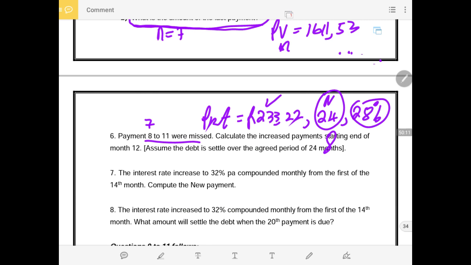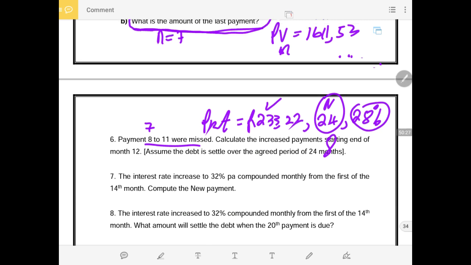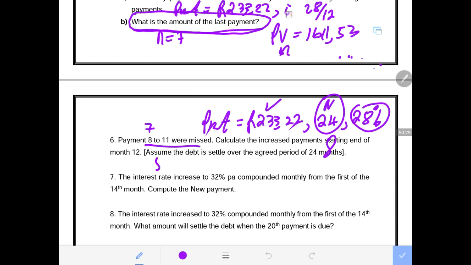So now we have calculated the balance after the 7th payment was made. Then we need to accumulate this up until the 11th, before the 12th payment was made, which is month number 8, number 9, number 10, and number 11, which is 1, 2, 3, 4.